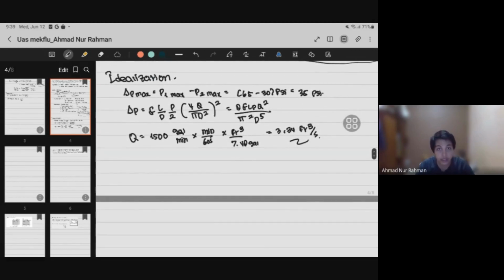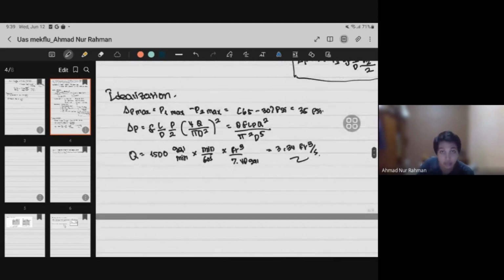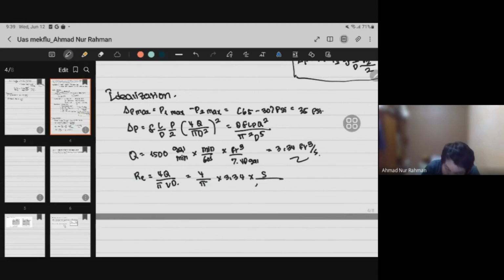So we need to find the Reynolds number using the same equation from the previous problem. Re equals 4Q per pi nu D. So we get 4 per pi times 3.34 times s per 1.21 times 10 to the minus 5 times 5.026 inches times 12 inches per foot.